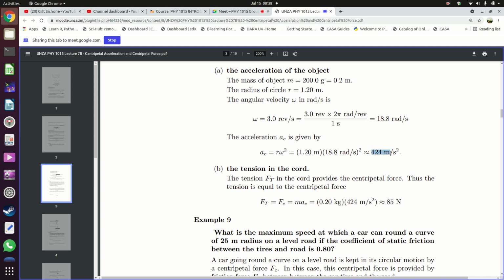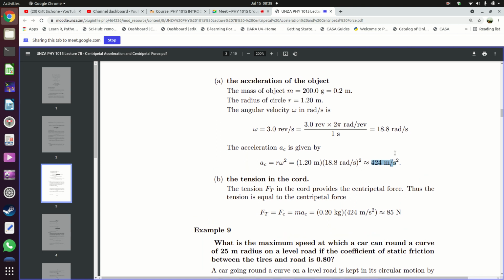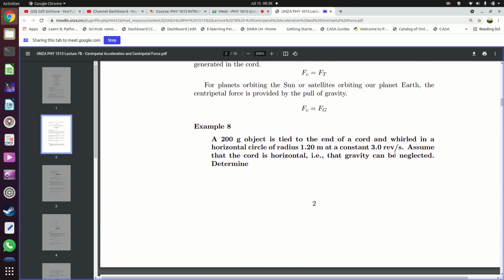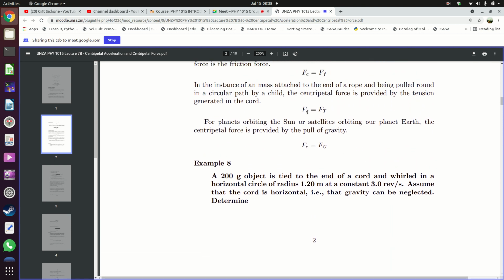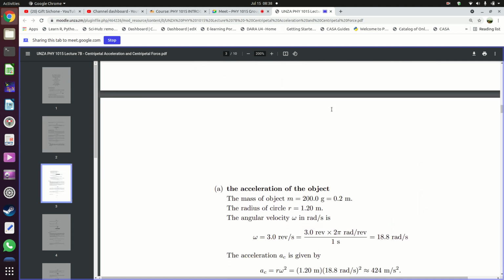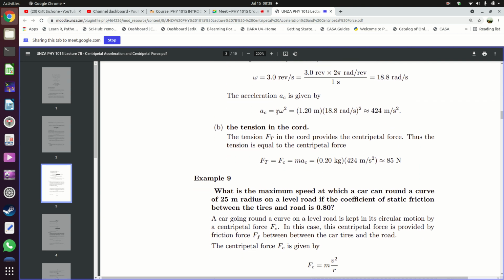With our centripetal acceleration, we can find out the tension. What is the tension in the rope? The tension in the rope, as you have seen, is what is providing the centripetal force. So we work out the centripetal force, and that centripetal force is going to be equal to our tension.